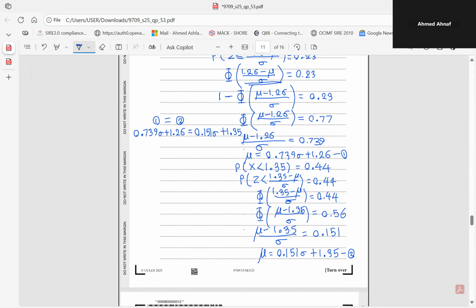Moving sigma to the left-hand side, it'll be 0.739 minus 0.151, and you will get 0.588 sigma. Then moving 1.26 to the other side, 1.35 minus 1.26 gives you 0.09. For sigma, you just divide both sides by 0.588. You will get 15/98, or you can also express it to 3SF as 0.153.